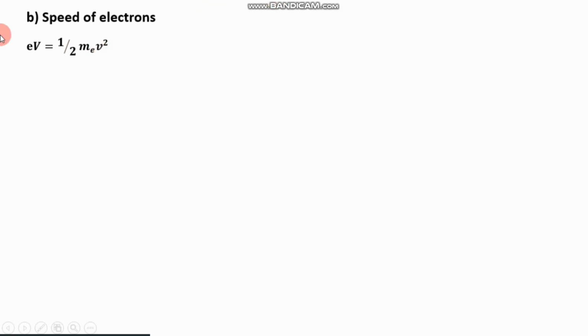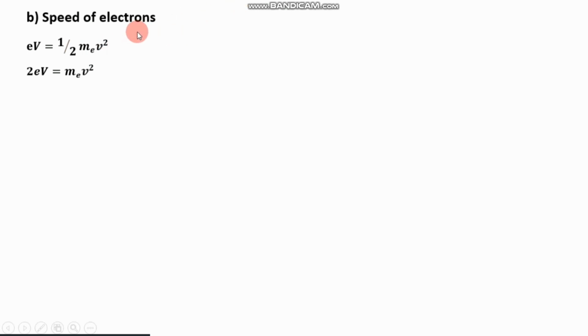So we have an equal sign because the whole of the electric energy is converted to kinetic energy, and this v, small v, is the speed of electrons, and m_e is the mass of the electron, given by 9.1 times 10 raised to power negative 31 kilograms.